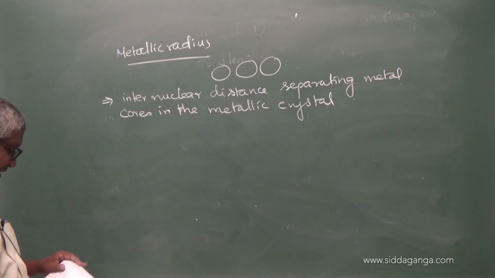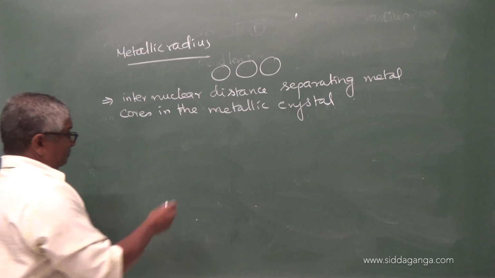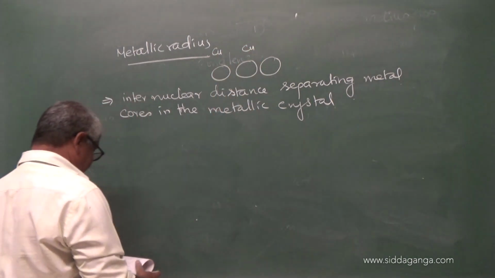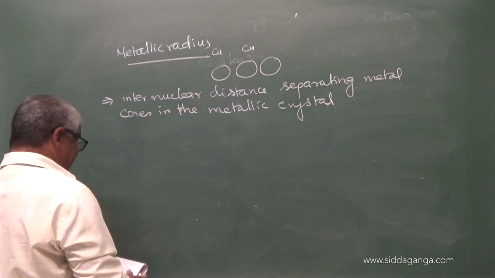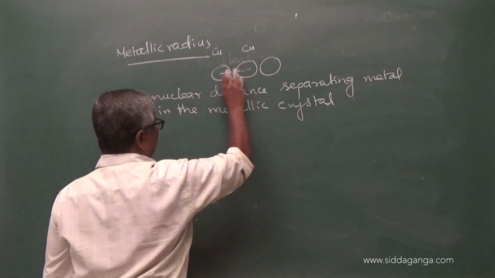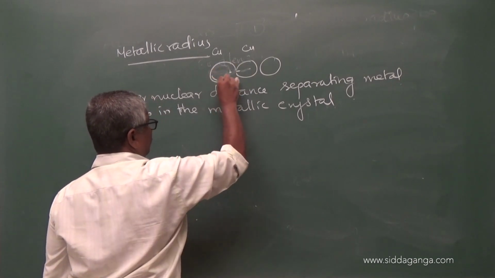For example, consider the distance between copper atoms. This is one copper atom, this is another copper atom. In solid copper, you can consider them as touching atoms.